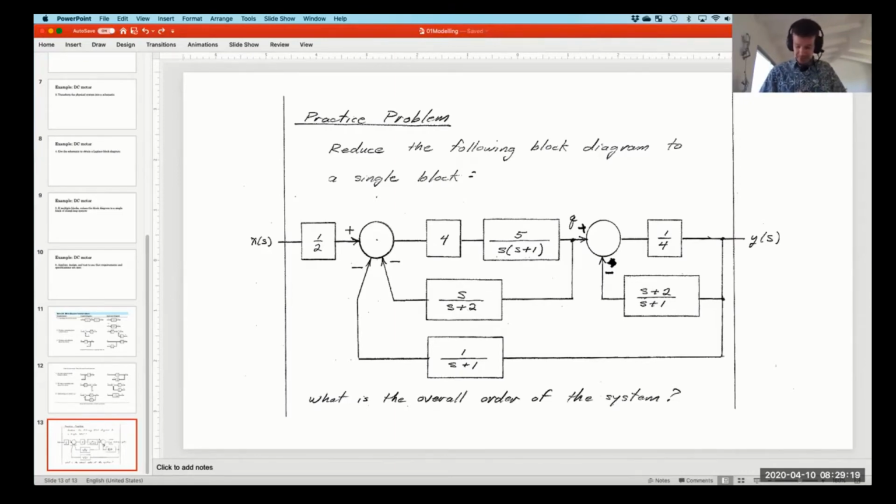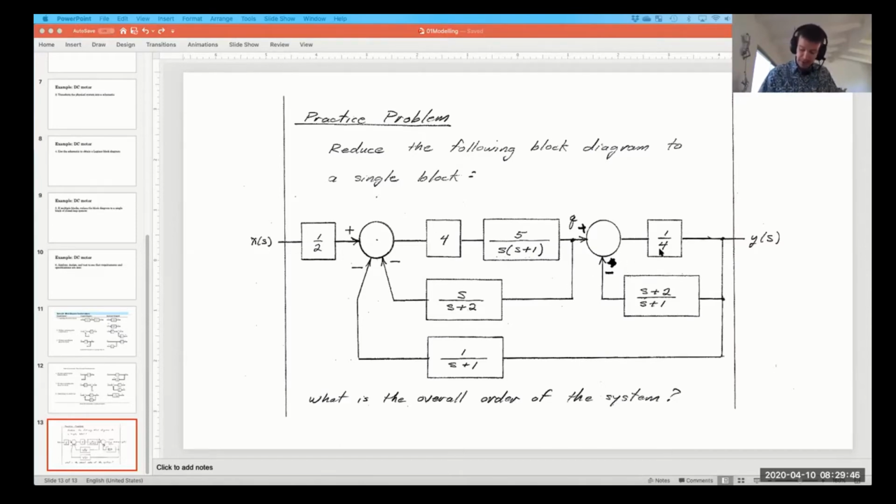So this is going to be one of the unfortunate differences between face-to-face and online. I'm just going to do this exercise and not give you a chance to try it out first. So I don't know of a better way to do it than that. What I can show you is just my immediate thought process of how to reduce this transfer function.